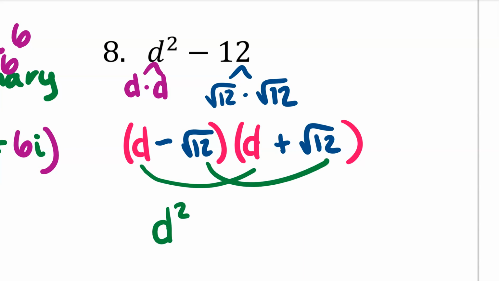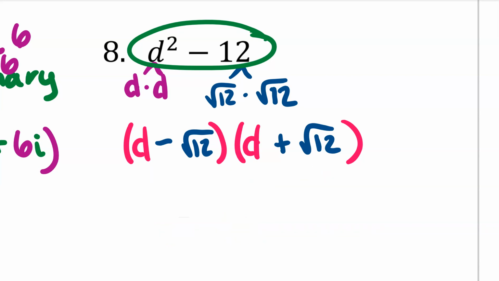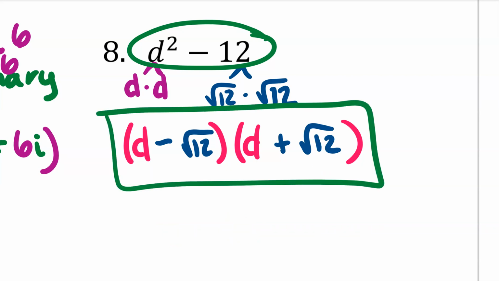And then if I did my lasts times each other, I would get negative 12, which is exactly what I started with at the top. So it's kind of like reverse conjugate-ing. You have to put the radical back in instead. So I'm going to erase this because this is just me showing you how it works. And then this is going to be my answer.